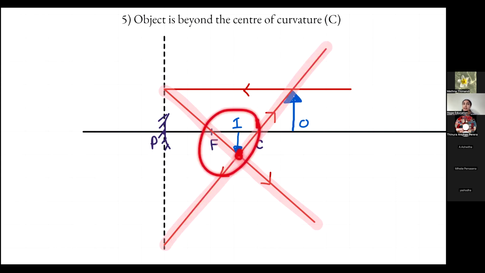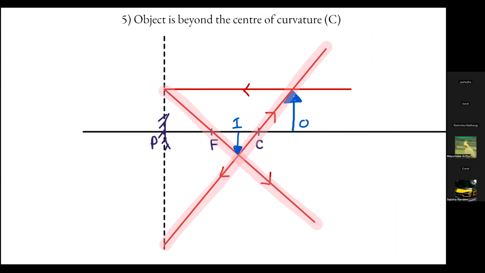Okay? Is this ray diagram clear to you? If you have any questions, please do ask. Randev, did you at least get an idea? Okay, okay. Mayumdi, Rashmika.